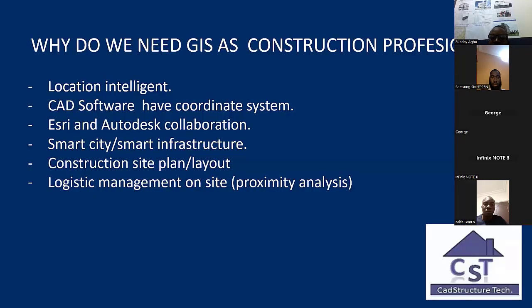So why do we need GIS as construction professionals? One of the reasons is location intelligence. What I mean by location intelligence is that if you have the knowledge of GIS, it will help you in locating places. For example, you are a site engineer, and they give you a site.